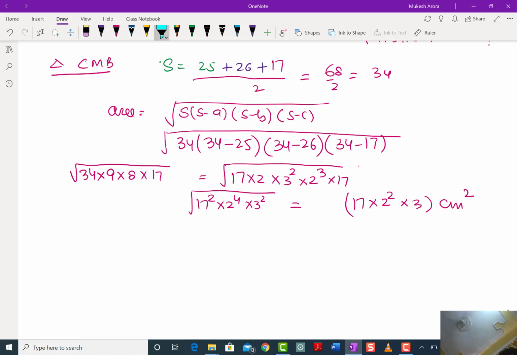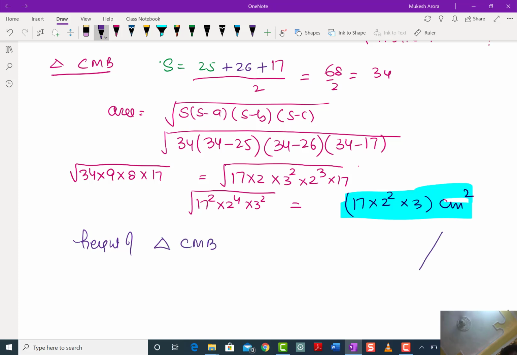If you wish to multiply, you can, but if you don't, there is no need to multiply because this is not our final answer. We have to find the height of triangle CMB. Triangle CMB, this was 17 and this is this.